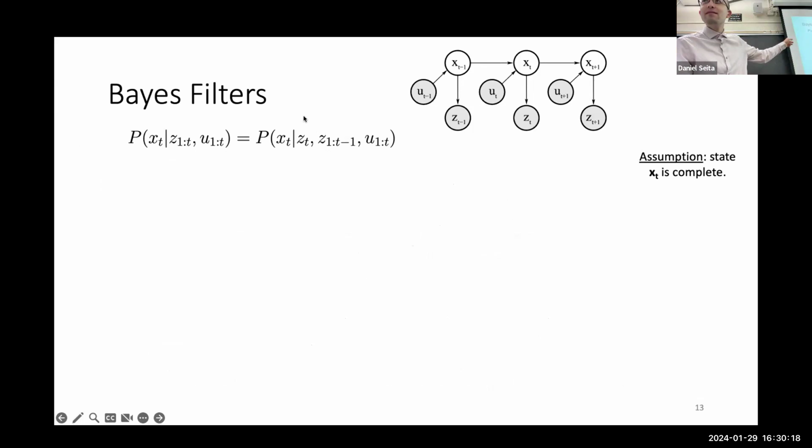Did everyone see what we did here? We just took this and divided the z's from 1 to t into zt and z1 to t minus 1. We just took that long list and said, all right, the last one, we're just going to leave you alone. By the way, we're also starting from 1 here, but you could also argue maybe you should start from 0. That distinction is not really important here.